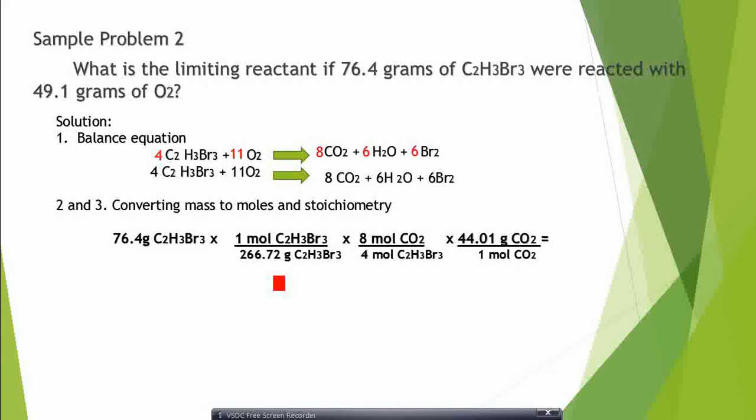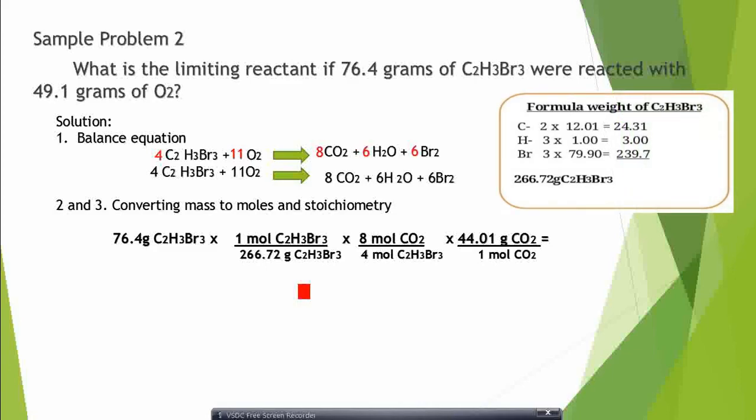How do we get this 266.72? This is the formula weight of vinyl bromide. How do we get the formula weight of vinyl bromide? We have 2 atoms of carbon, 3 atoms of hydrogen, and 3 atoms of bromine.